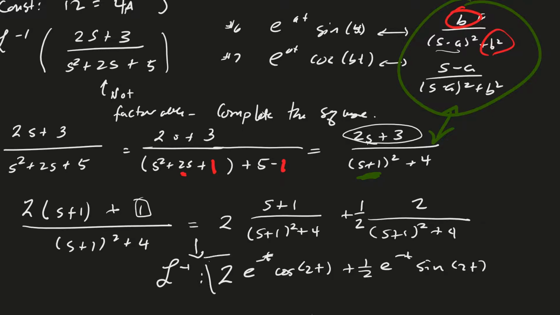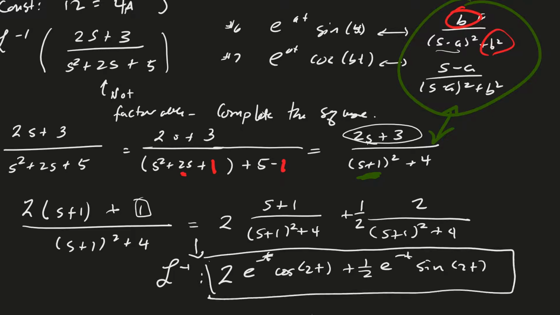Good. So this is my answer. Very good. So this is the trick now: sometimes we have to complete the square in the denominator. Good.